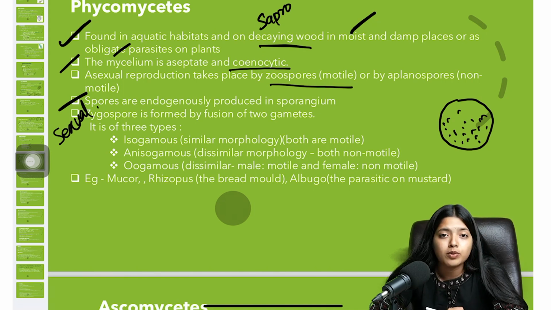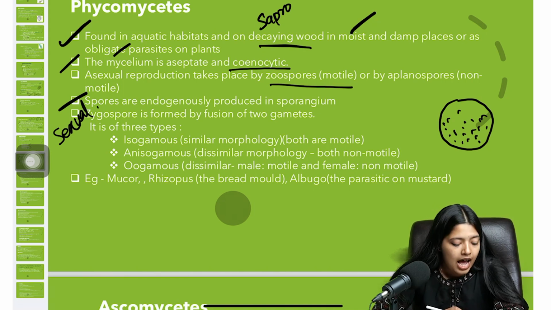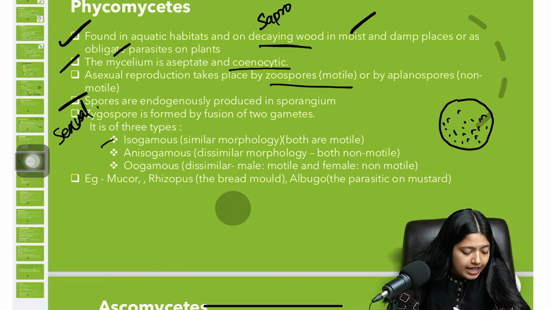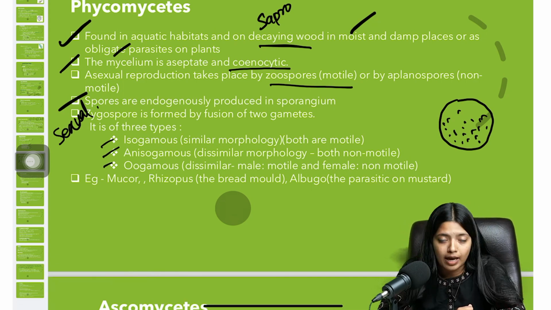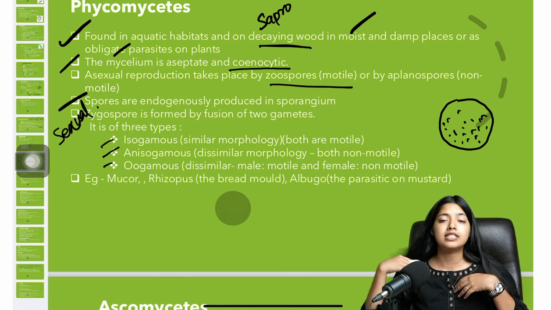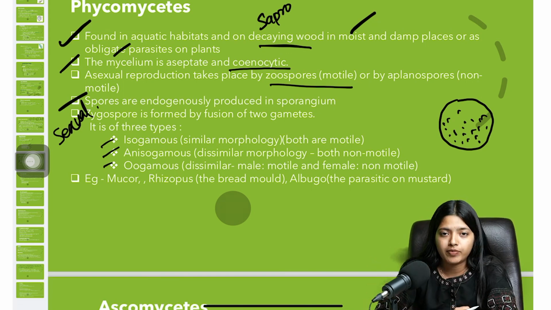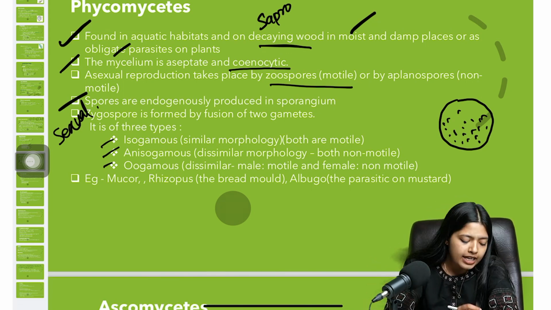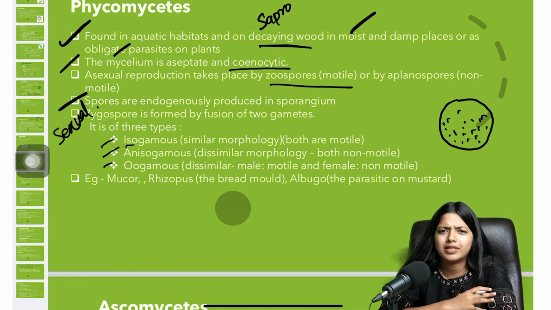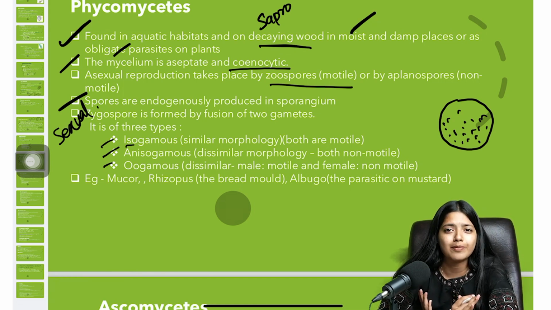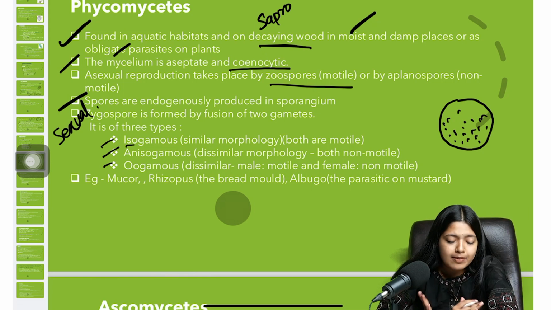And in zygospores, there are three types: isogamous, anisogamous and oogamous. Once again, isogamous, anisogamous and oogamous. What is isogamous? Iso means same. Gamous refers to spores or gametes. So there is something same or similar: similar morphology.